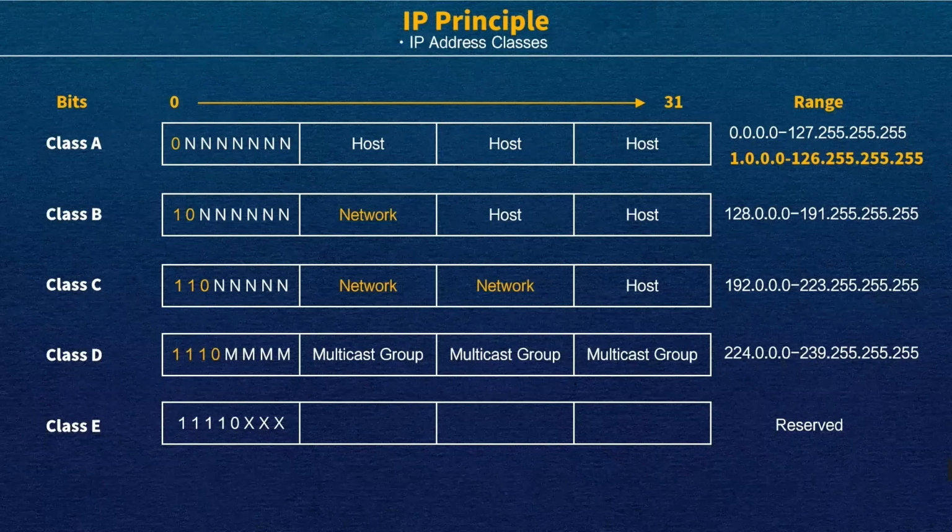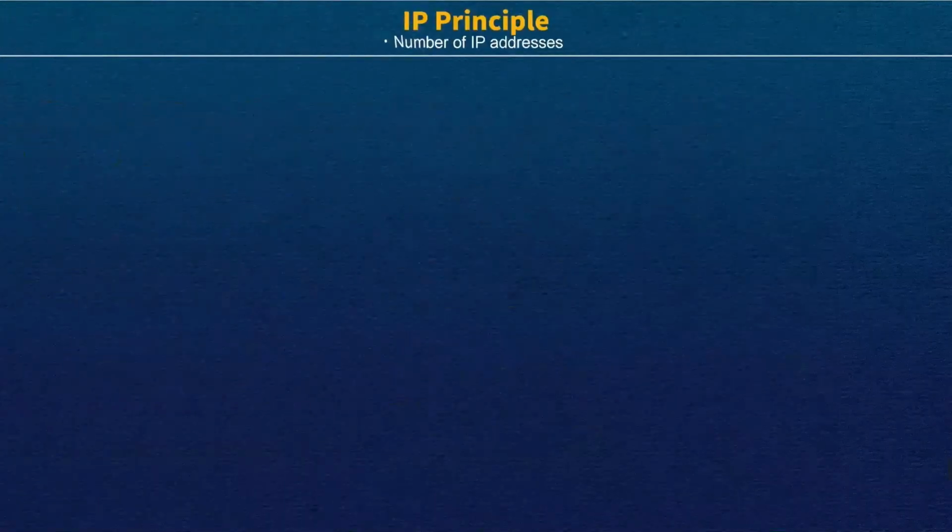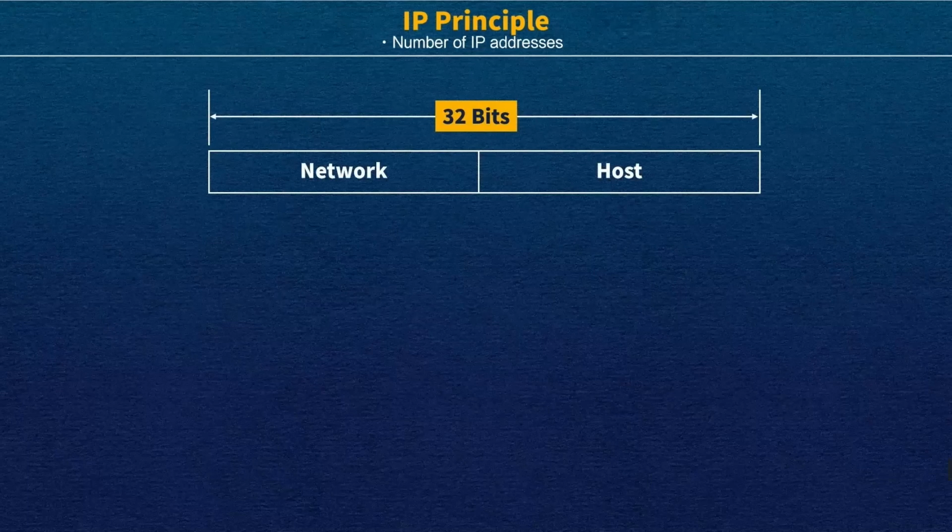And then next we have to know how to calculate the number of IP addresses. Because we found that class A, B, and C have different lengths of the network, and we also have different lengths of the host, right? So what's the difference if the network ID is longer or the host ID is longer? Let's see this one, the number of IP addresses. An IP address is divided into two parts.